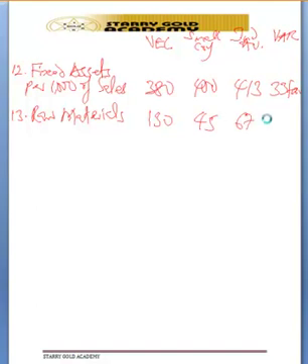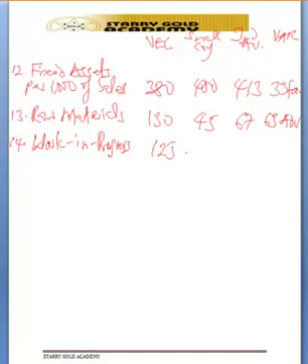So you have a difference of 63 adverse. 14, we have work in progress, which is 125 here, 80, 70, and the difference between 125 and 70, you are going to have 55. And that 55 will be adverse.